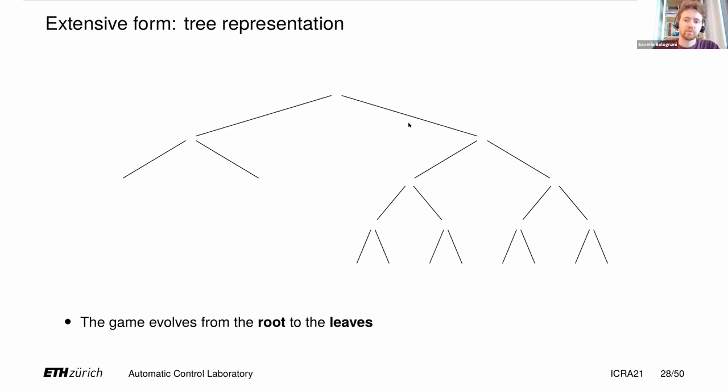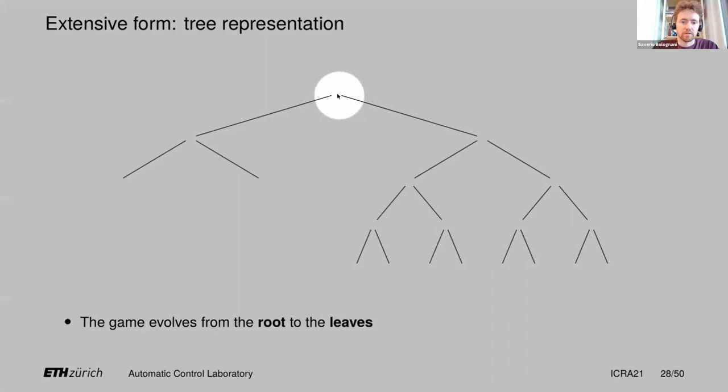Now, the representation with a matrix or with just a cost function falls a little bit short for these games. The typical representation is what is called the extensive form, or a tree representation. So it's a tree where the game evolves from the root of the tree, which is up here, to the leaves at the bottom.